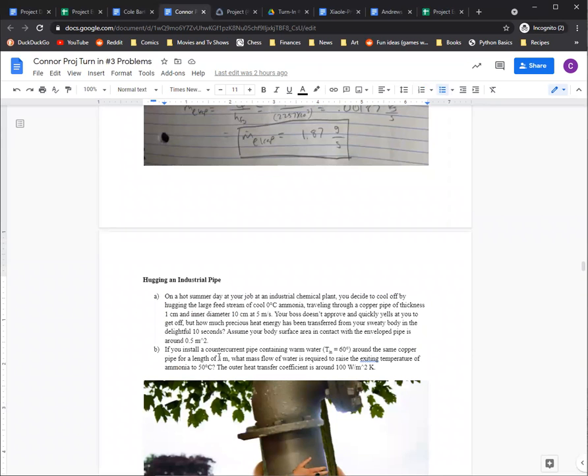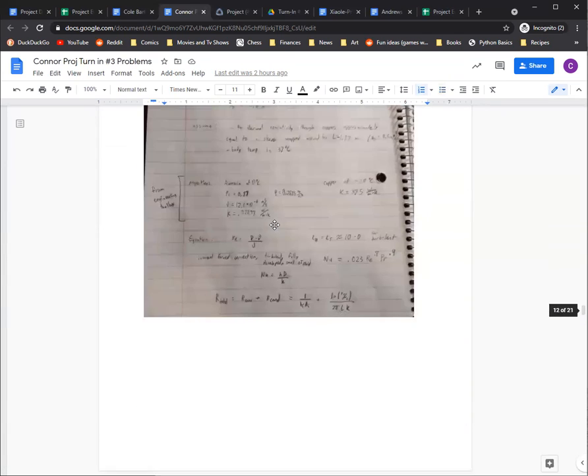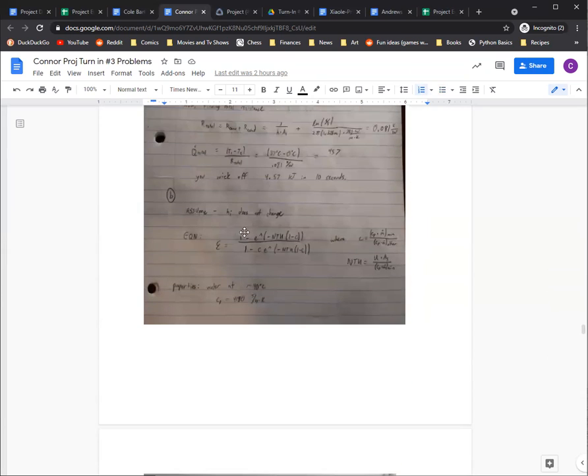So part B, you turn it into a heat exchanger with warm water that's going to be warming up the ammonia. And you just want to know what mass flow of water is required. You're given h exiting, so you can calculate U with that.